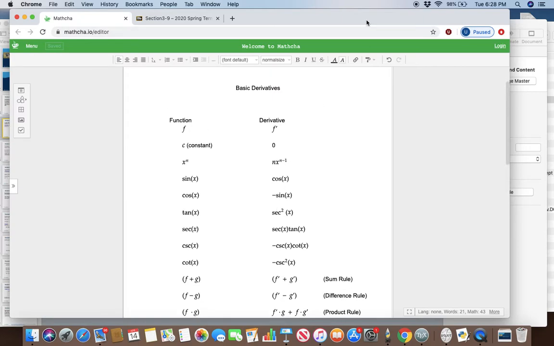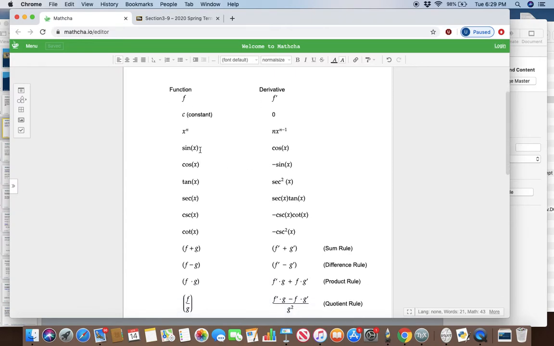First let's summarize the basic derivatives. I have a column here of functions and here of their respective derivatives. F is your function, f prime is your derivative. If my function is constant, its derivative is 0. If my function is x to the power n, its derivative is n x to the power n minus 1. Function is sine, its derivative is cosine.